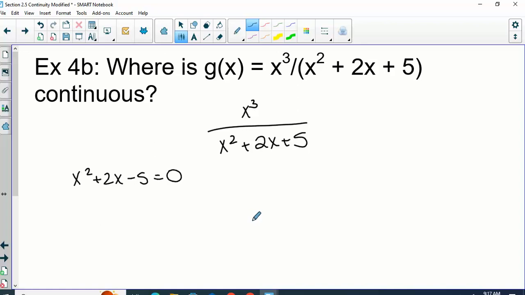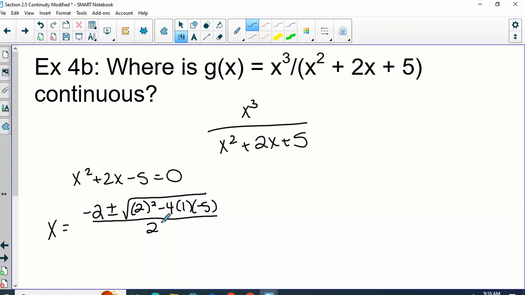No. How can you solve it if it doesn't factor nicely? Quadratic. x equals the opposite of b plus or minus the square root of b squared minus 4ac, all over 2a.